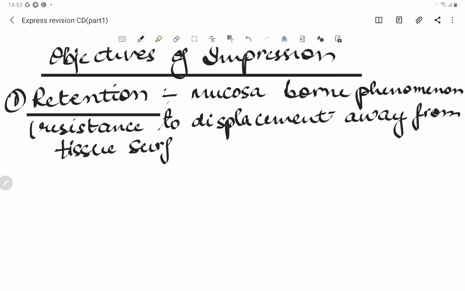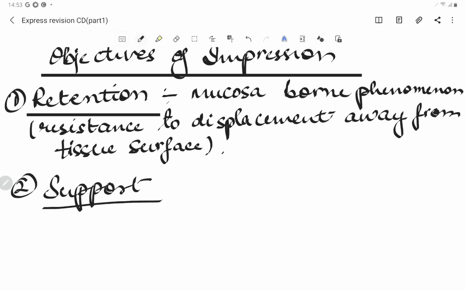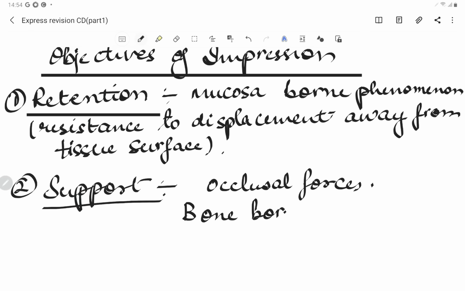Right, then we have got support. Second one we have is the support. So support is when we are talking about resistance to the occlusal forces, right, in the vertical direction. So this is a bone-borne phenomenon.